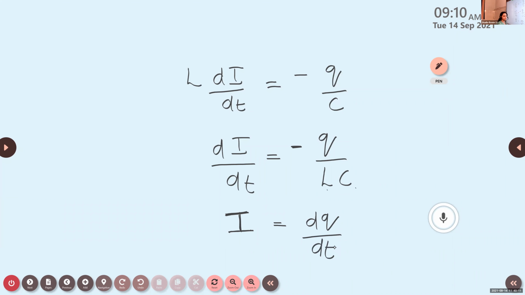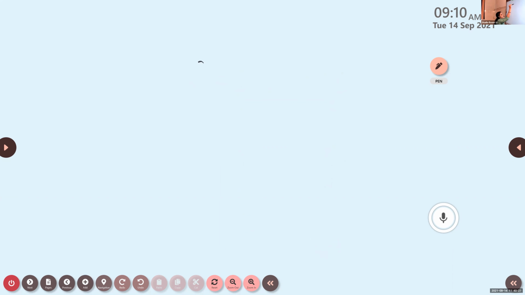So instead of this I, here we can substitute dq by dt. Our equation is di by dt is equal to minus q by LC.